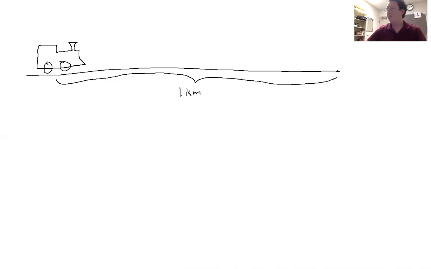So in the following scenario, there's a train, and over the course of 5 minutes, it travels 1 kilometer, 1,000 meters.